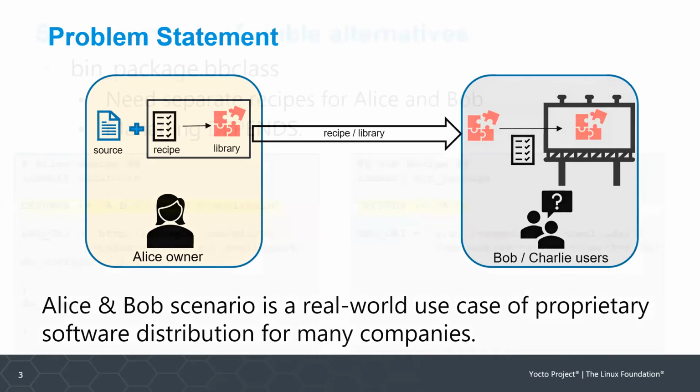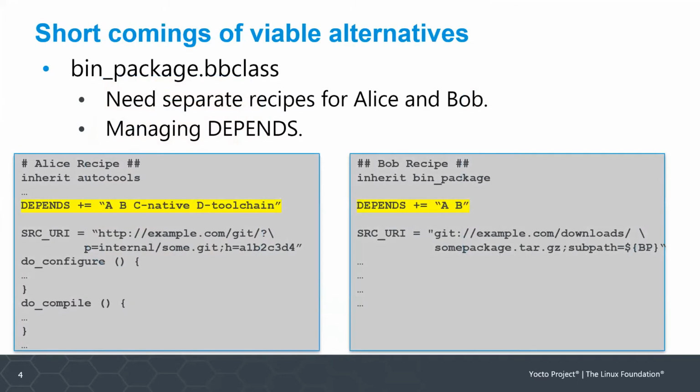So as I mentioned, there were a couple of alternatives suggested by community. One of them is using bin package class. The problem with bin package class is there should be a separate recipe at LSS site and Bob's site. And the challenge is handling dependencies.